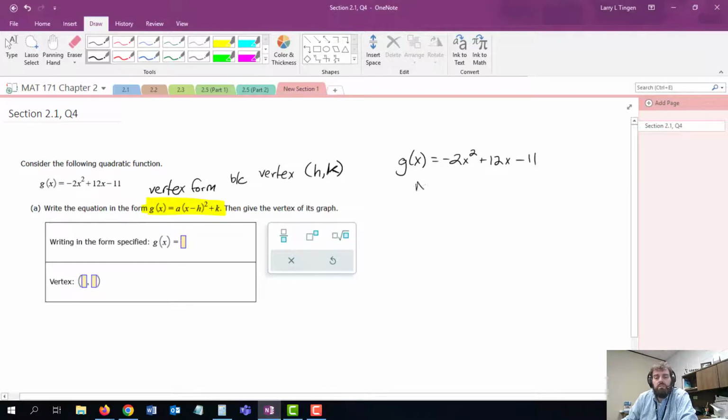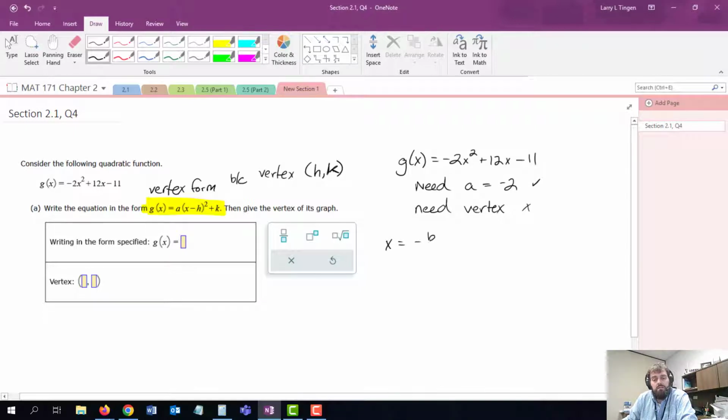So to get it in vertex form, I need a, and I need the vertex. Do I know a? Yeah. a is negative 2. So I've got that part down. Do I know the vertex? Not yet. So I need to find it. Well, how do I find the vertex?